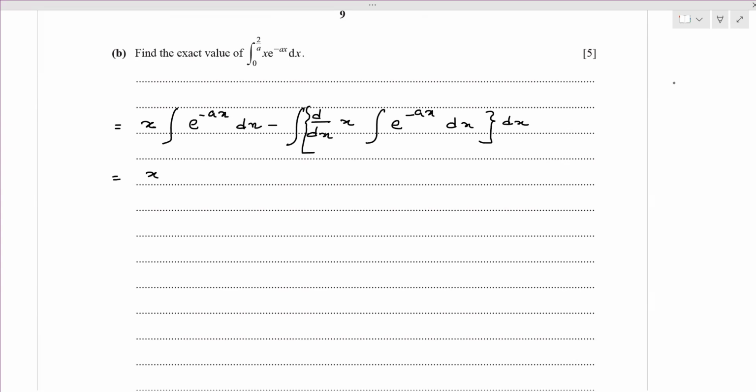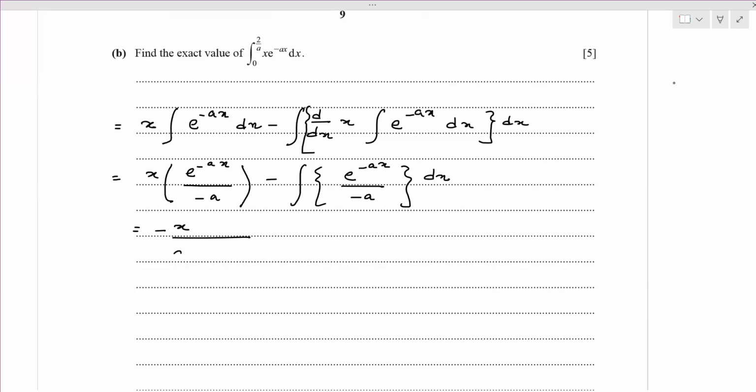Here it will be x. And what is the integral of e power minus ax? It will be e power minus ax over minus a. बेसिक differentiation integrations याद होनी चाहिए बच्चों। So now derivative of x is 1 and this one will be e power minus ax over minus a, dx। अरेंज करते हैं। Minus x over a e power minus ax, minus minus plus 1 over a.